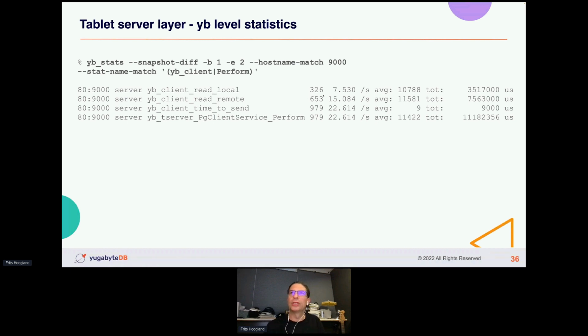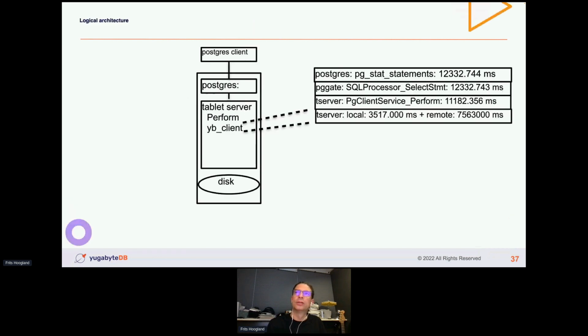So that is a nice even distribution of the work which entered with perform. And if you look at the times, it's 11 somewhat seconds, and this time is roughly divided 1/3 versus 2/3. So that looks nice and clean. So if we add this here, we can see this.